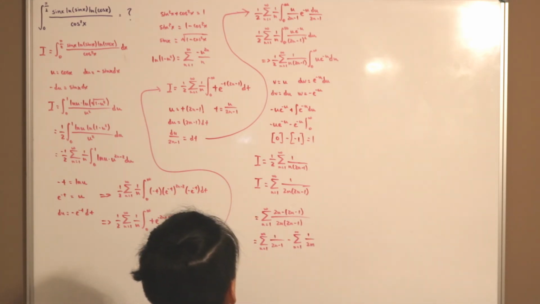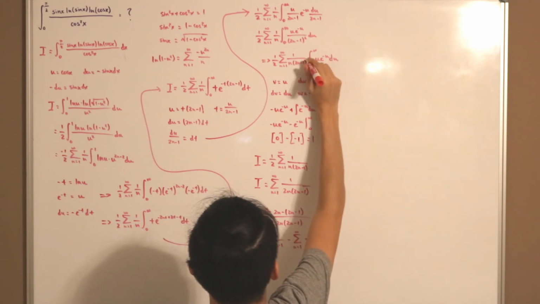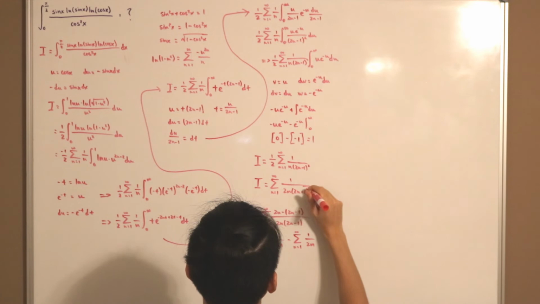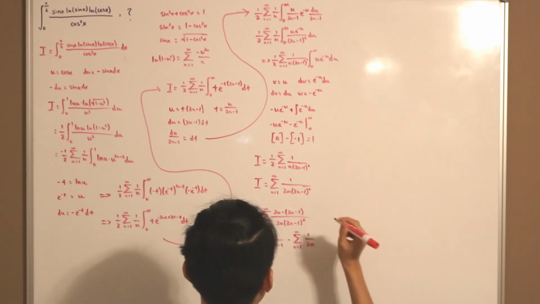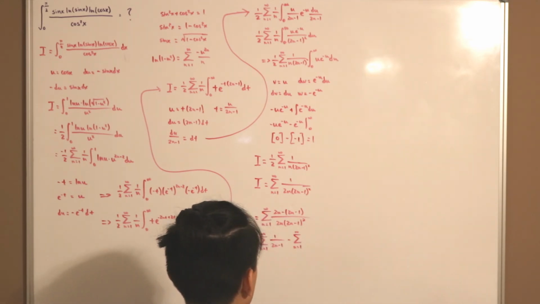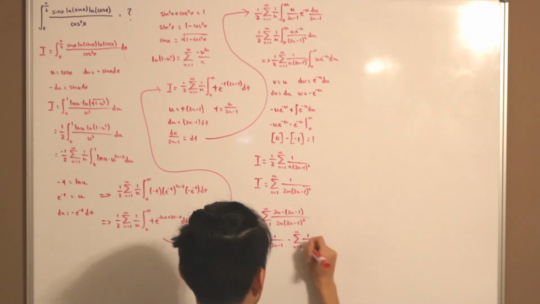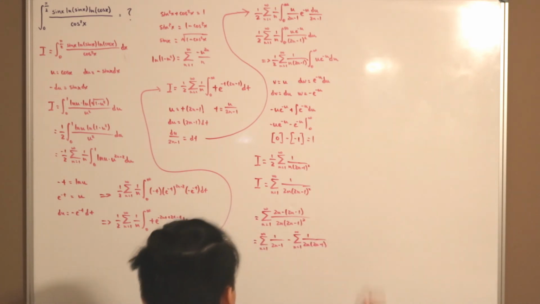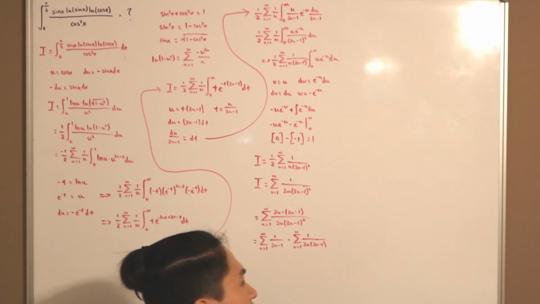Oh, I just realized I forgot to put a square. So that's a square here, square here, square here, square here, and then actually this piece will be 1 divided by n times 2n minus 1, like so. Okay, sorry about that.